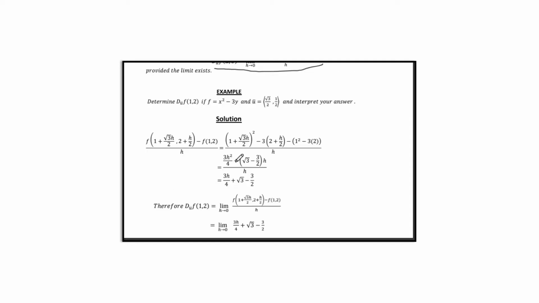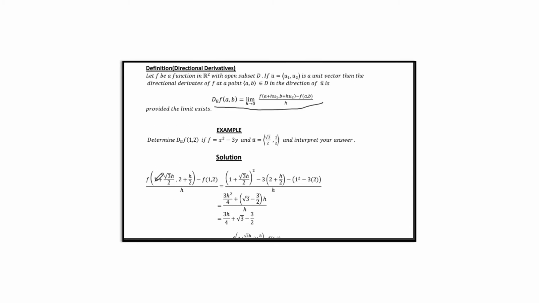So let's go on over here. Now you're going to have f of 1 plus u1 h, where u1 is square root of 3 over 2, multiplied by h, comma b, which is 2, plus h u2. u2 is a half, times h, so it becomes h over 2, minus f at (a, b), so it just becomes f of 1, 2.